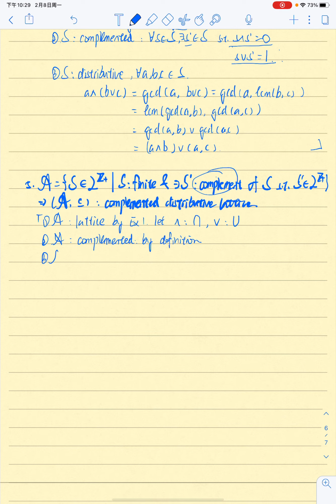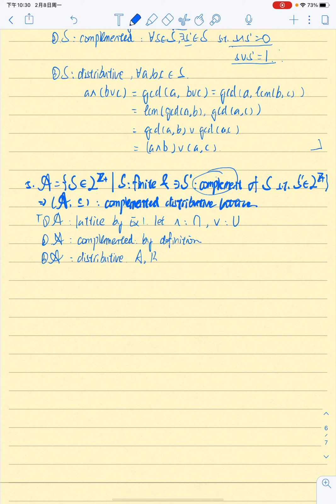And the third one, we prove this is distributive. Actually, this is De Morgan's law, right?